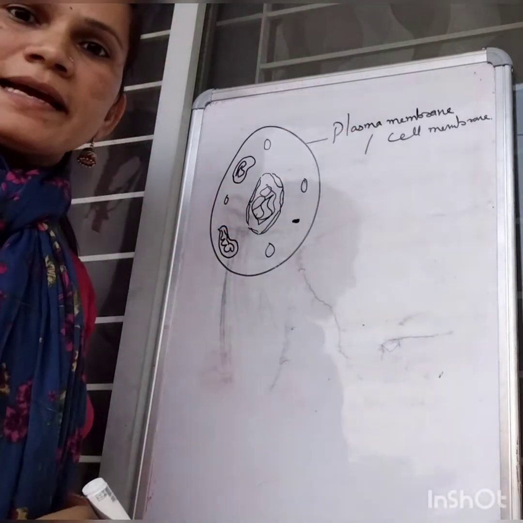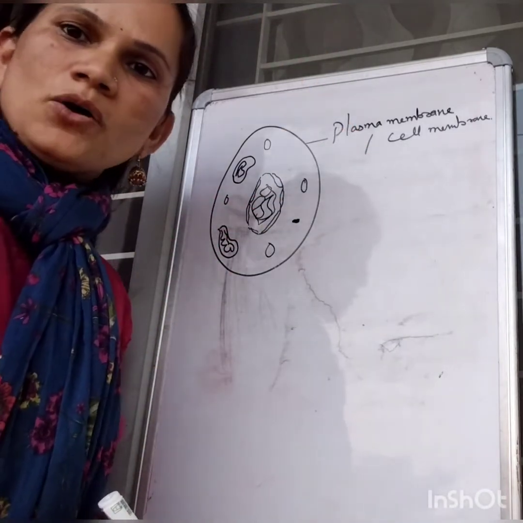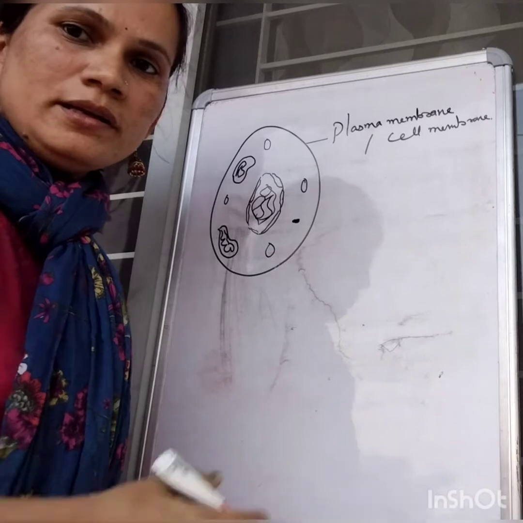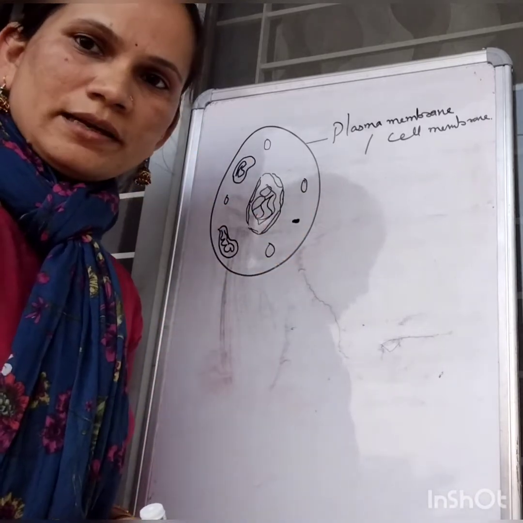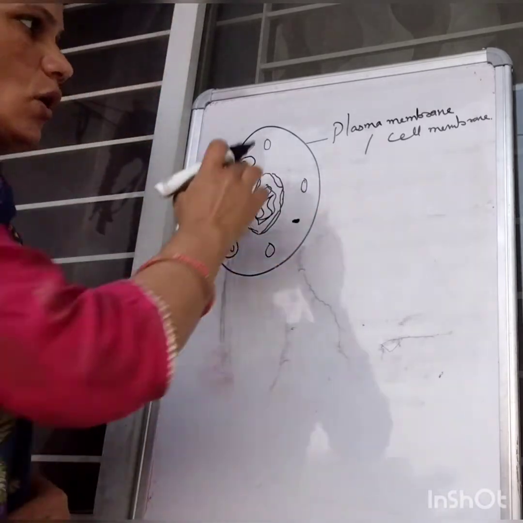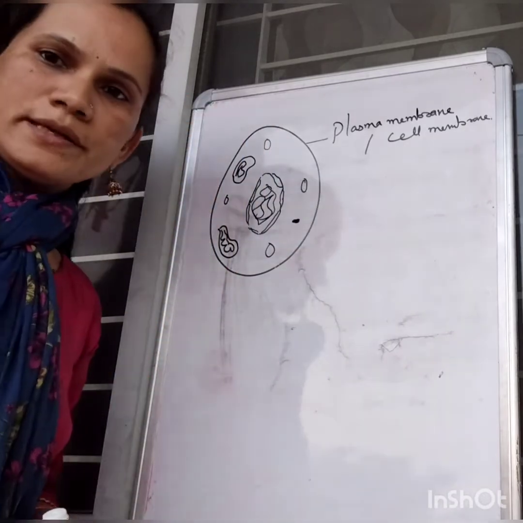The cell membrane is a selectively permeable membrane that allows the entry and exit of material inside and outside of the cell. This is also the outermost covering of the cell.